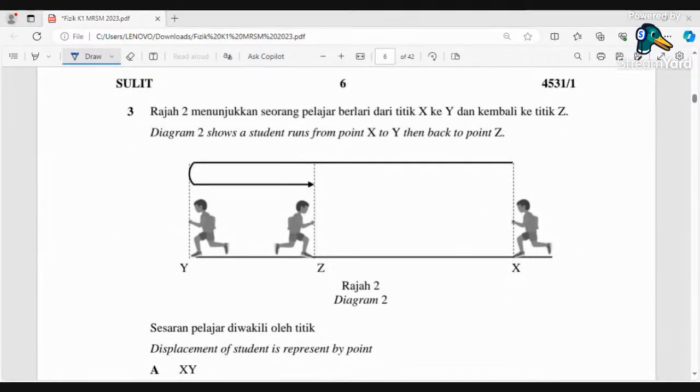Okay, number 3. A student runs from point X to Y and back to point Z. X pergi Y, this direction, and then macam tu. So displacement of the student is represented by which point? Apa definition untuk displacement? Okay, apa displacement?